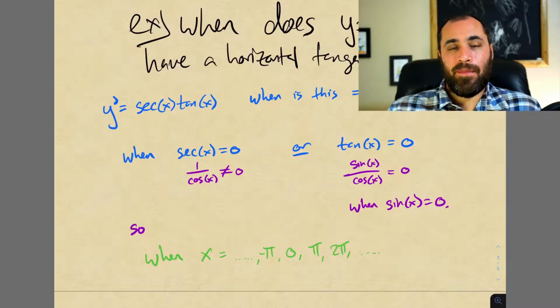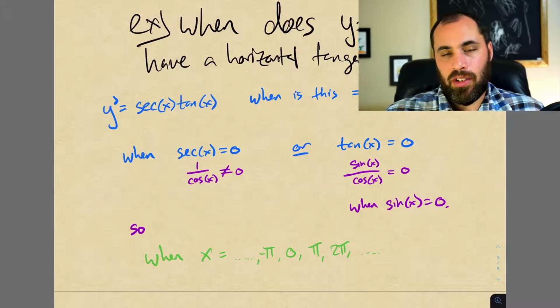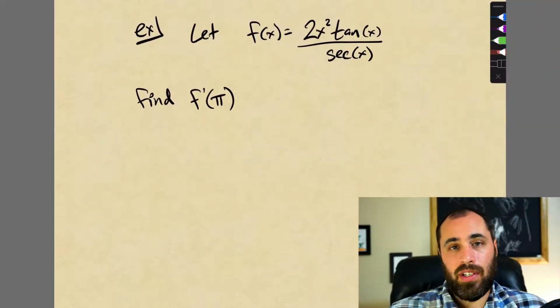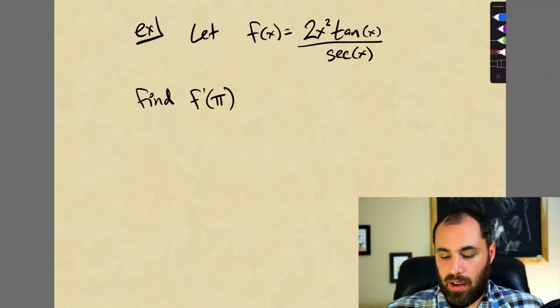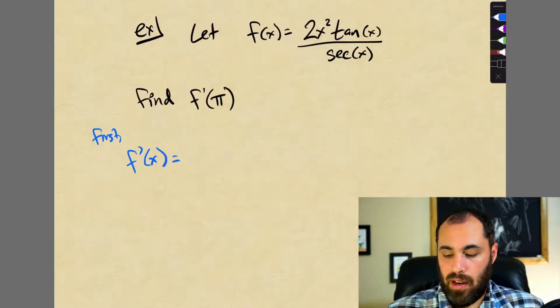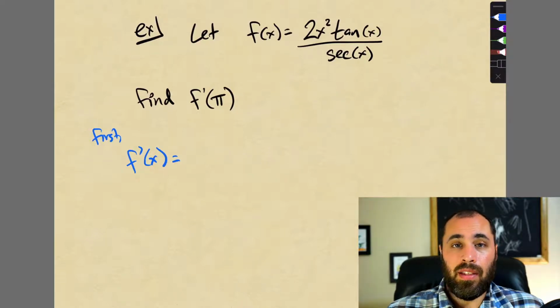Okay, and one more. Let's consider this function f of x, which is 2x squared tan x over secant x. I'd like to know what's the derivative at pi. What is f prime of pi? Notice this is obviously a quotient, so we'll need to use the quotient rule. But in the numerator, we actually have a product of two things.